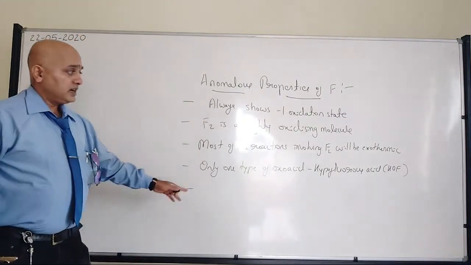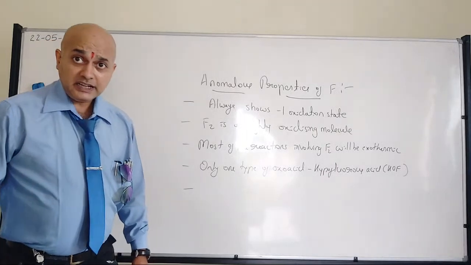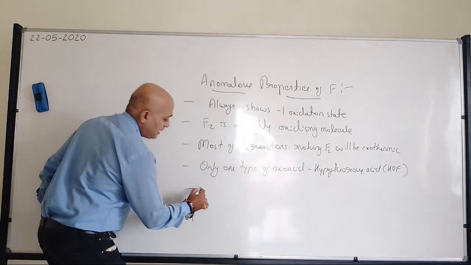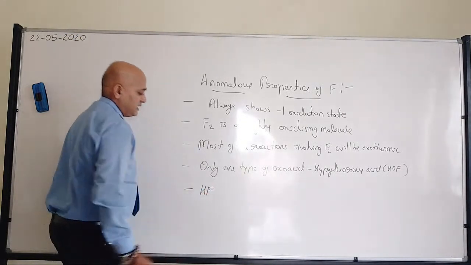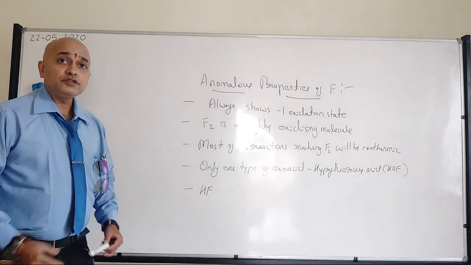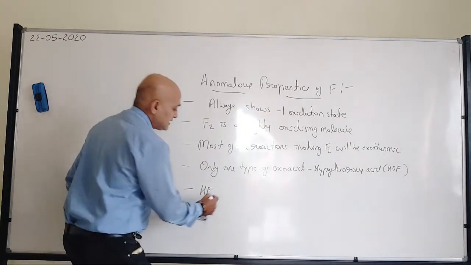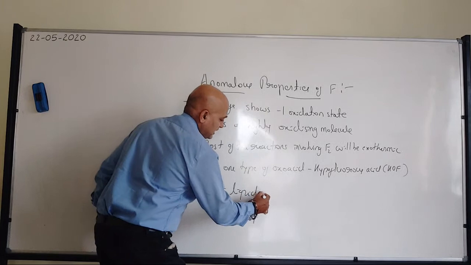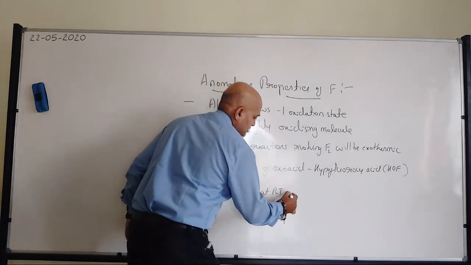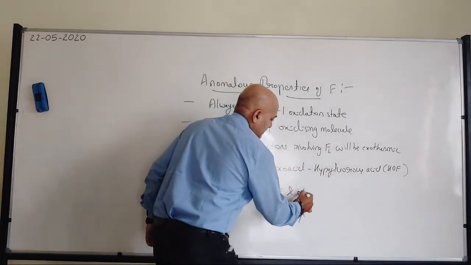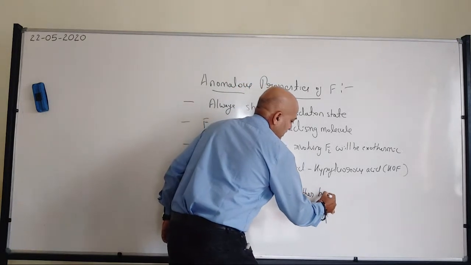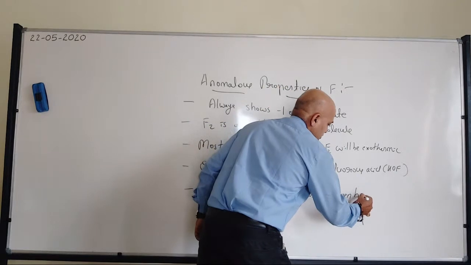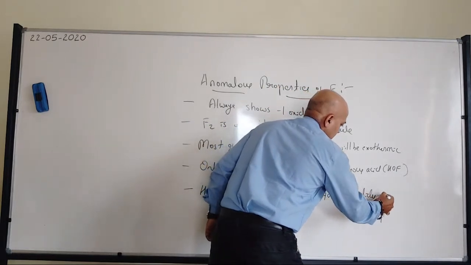Now, another anomalous property related to compounds of fluorine is, for example, hydrogen fluoride. Hydrogen fluoride is liquid at room temperature, and other hydrogen halides are gases.